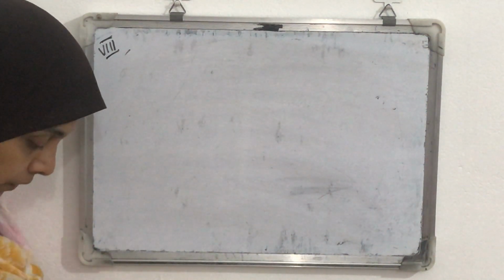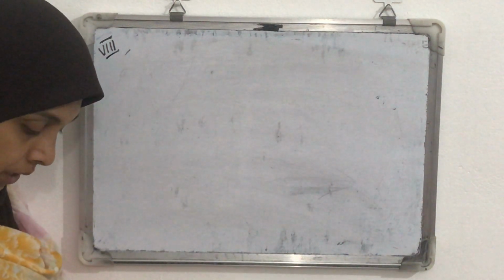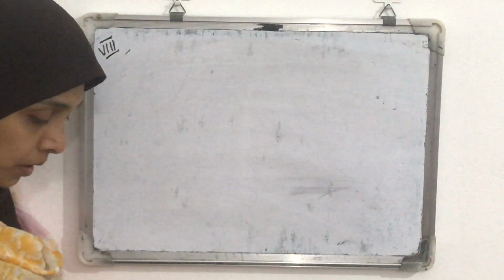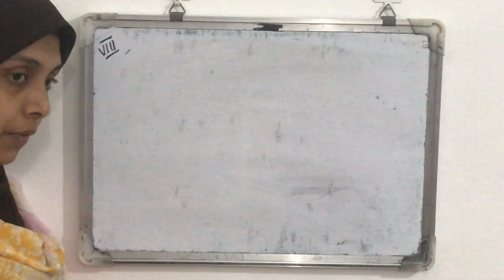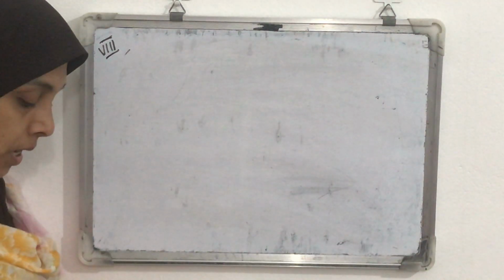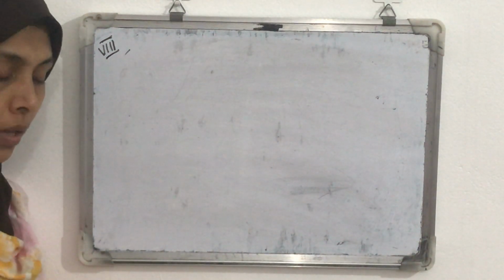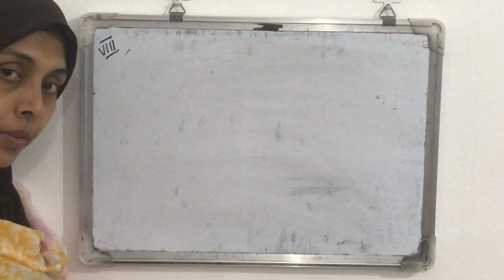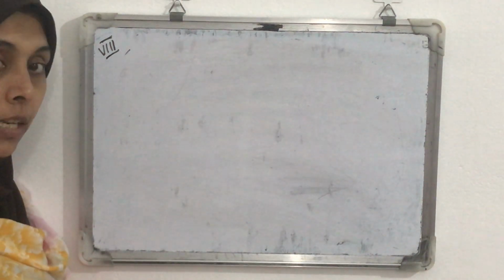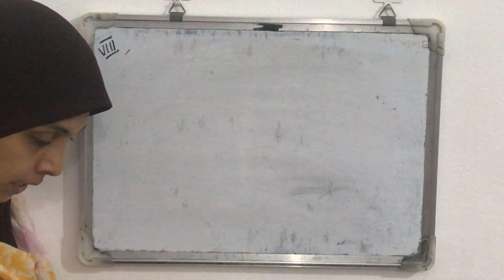First, we take the number of winners as x. Then what will be the number of losers? That means those who do not win, we take them as losers. How can we find the number of losers? Because the total number of participants is given, 63.